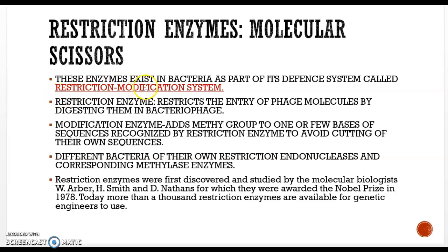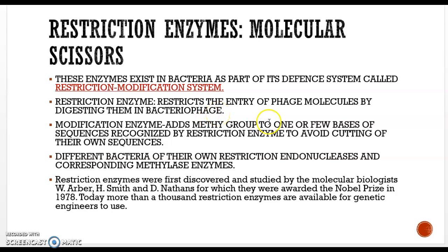Now, these enzymes are naturally present in bacteria as a defense system, also called the restriction modification system. Let me tell you how these enzymes are present in bacteria and how they provide defense to them. The restriction enzyme part of this system restricts the entry of phage molecules by digesting them in bacteriophage.